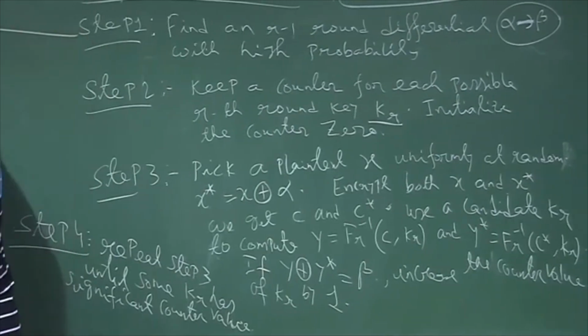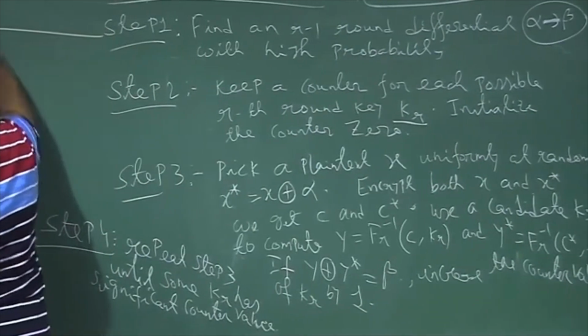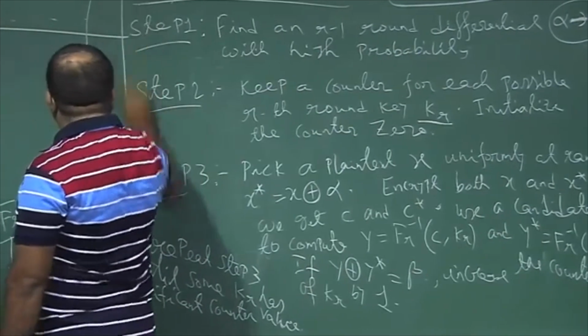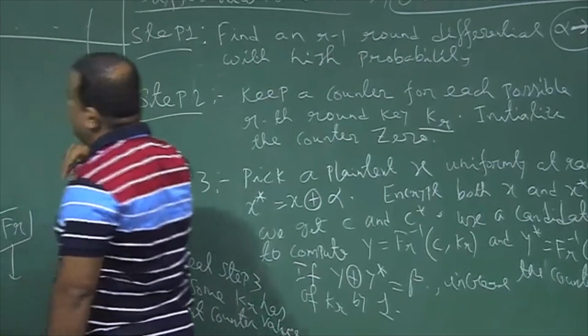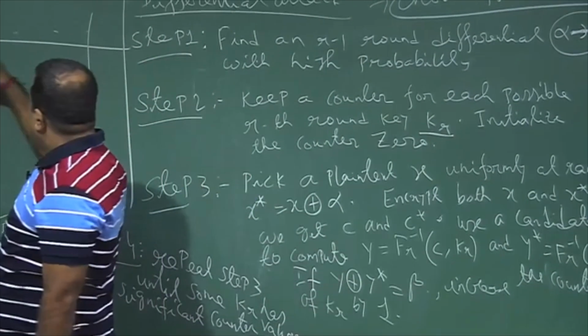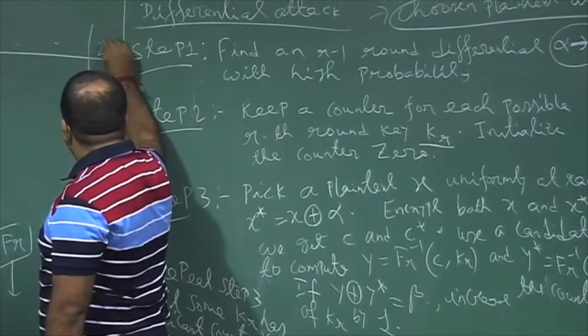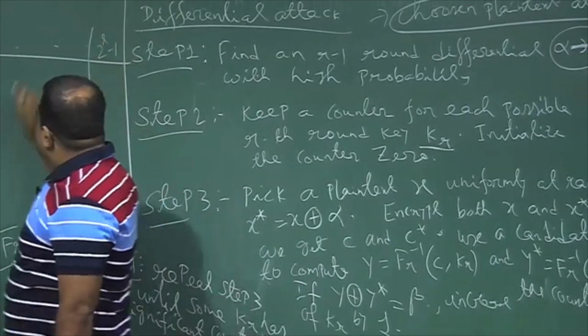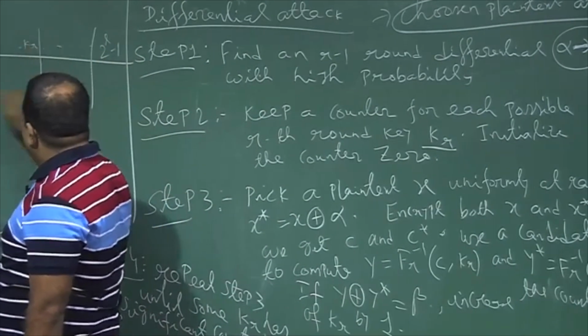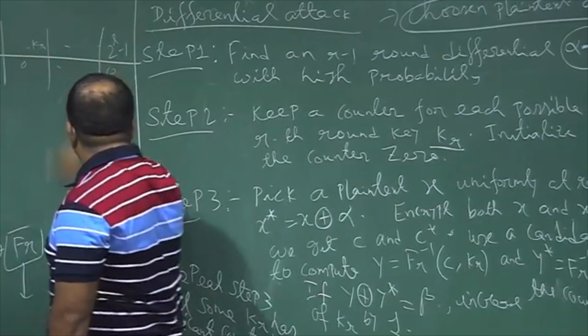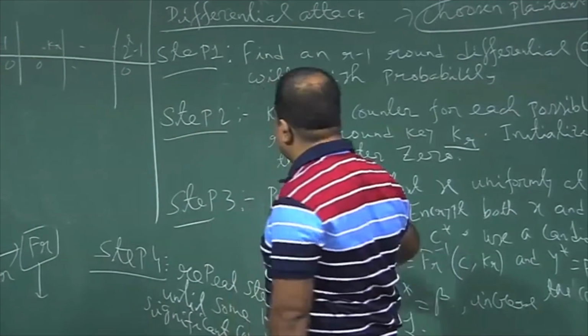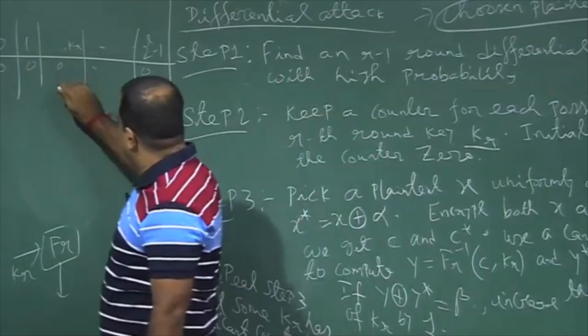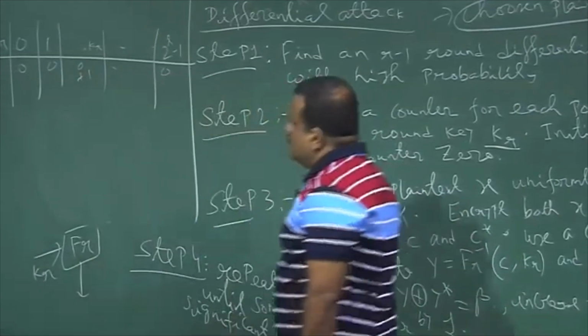We are taking all possible values of K_R, depending on the size of the key; if K is L bits, then up to 2 to the power L minus 1. All are initialized to 0, and whenever it matches, we add 1.